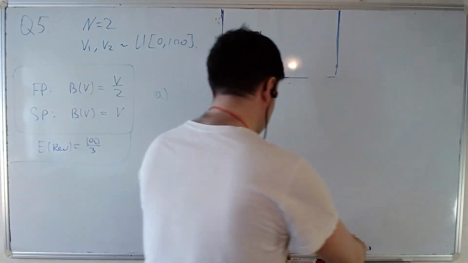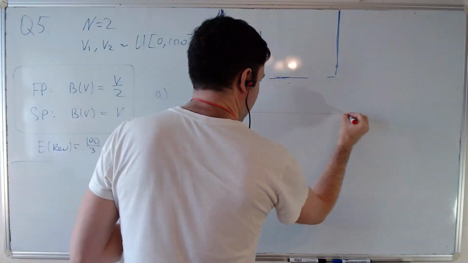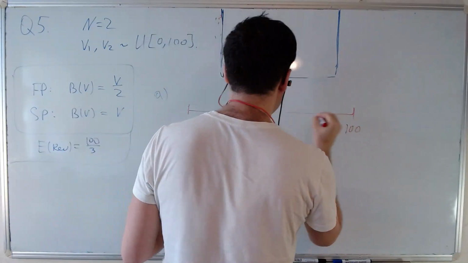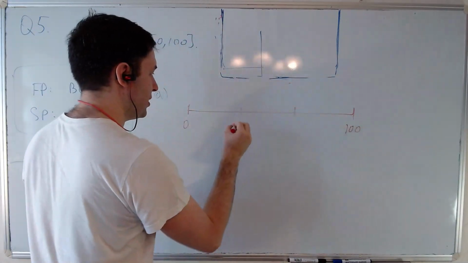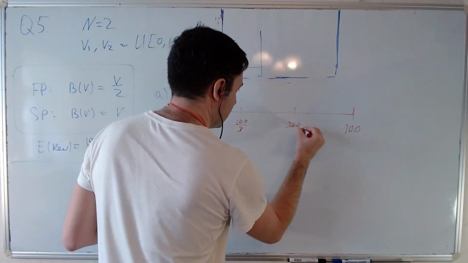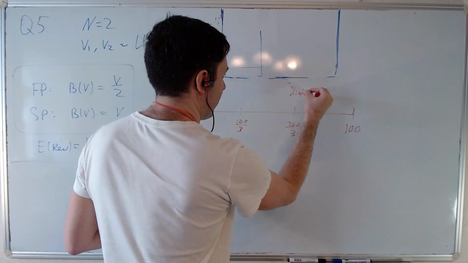Let me change the marker. Let me remind you where this is coming from. We have 0 to 100, and with two bidders, we slice it into 3 pieces. Each will be 100 over 3. The top one is the highest, on average how much the winner has.